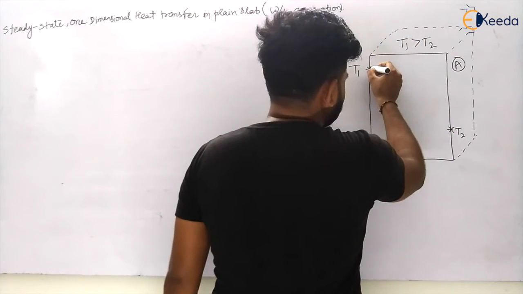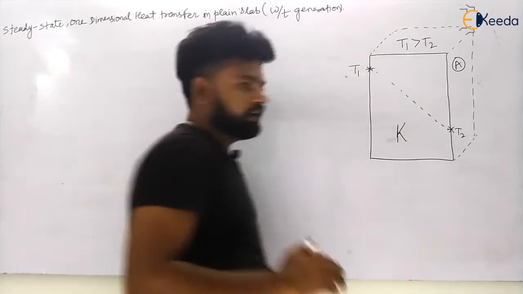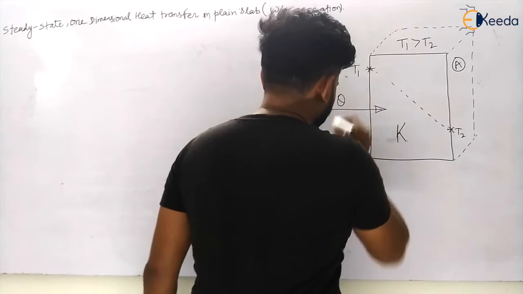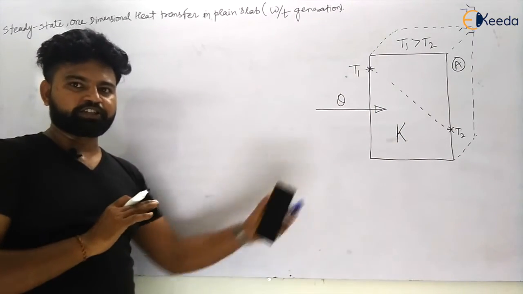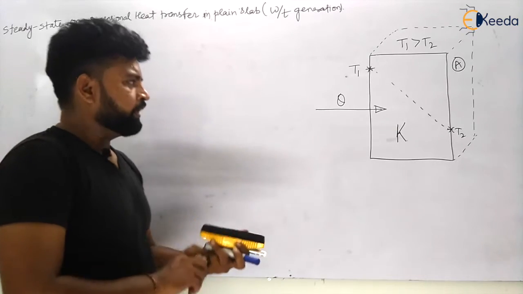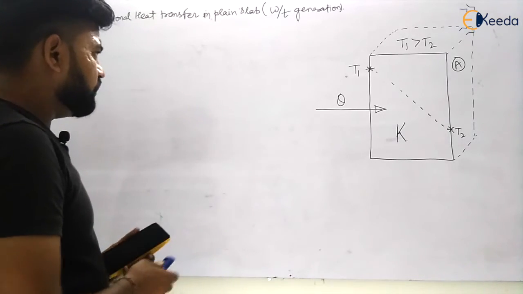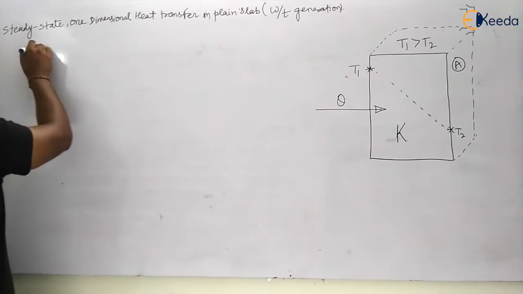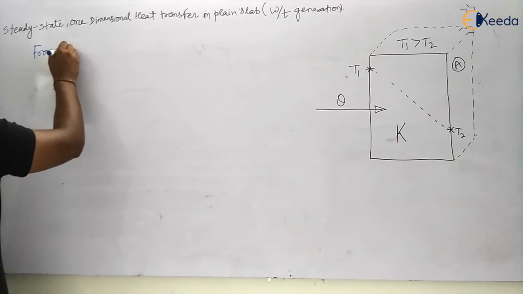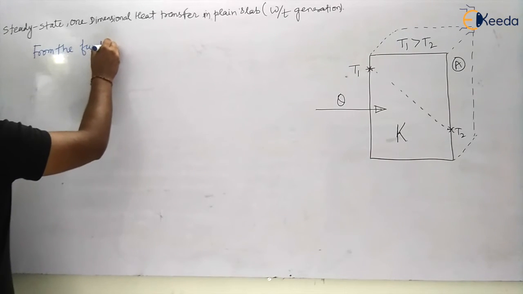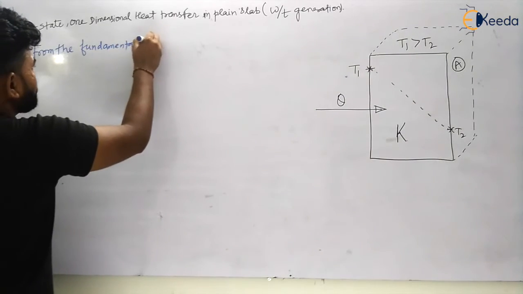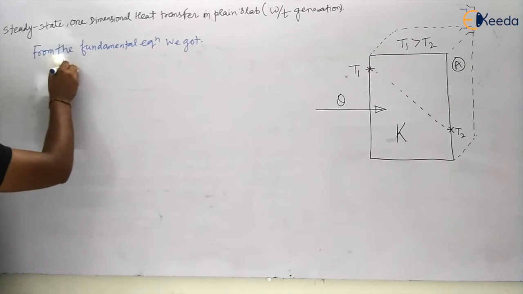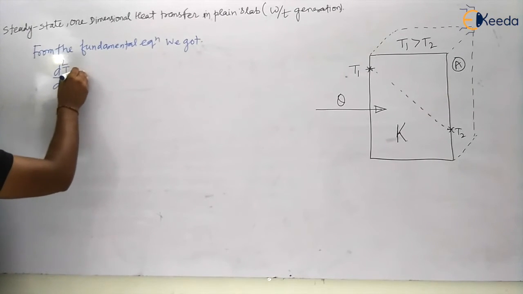That means there will be some temperature profile. Since T1 is greater than T2, there will be some heat transfer in this direction, Q. We know from the fundamental equation we got d square T by dx square is equal to 0.